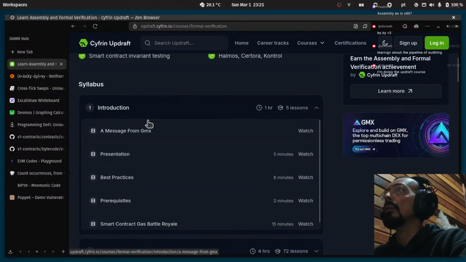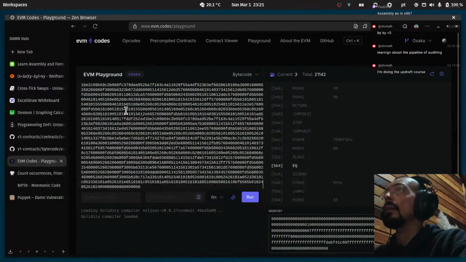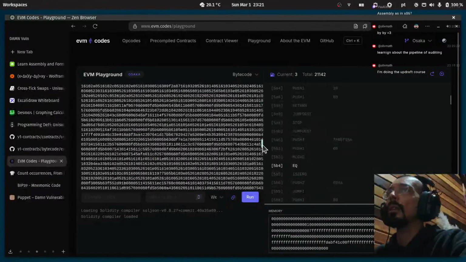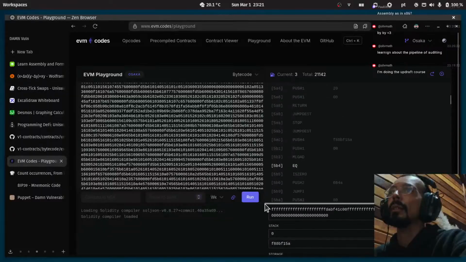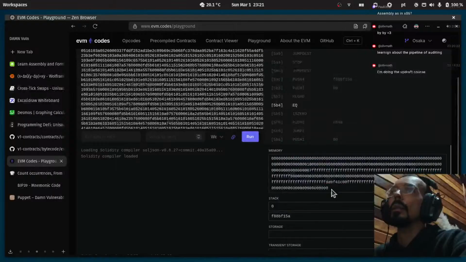Assembly, as in x86, is easier, I think. I can show a little bit. Here we have all the contracts as opcodes, like push, log, push, push. So you have a stack and a memory, because the EVM is the Ethereum virtual machine.